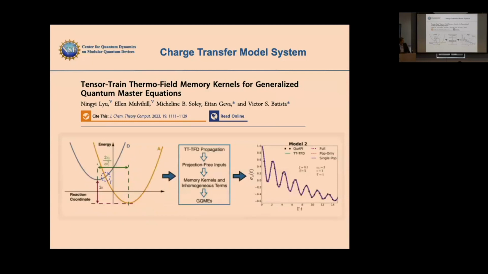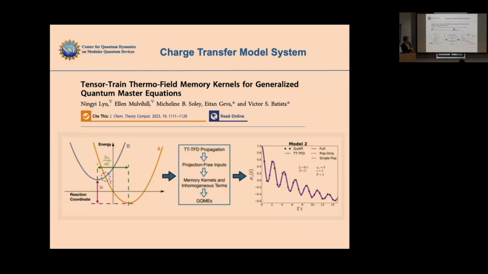And then we compare to the favorite method in the room, QAPI. And so we have here QAPI on top of our calculations. And we also compare to the dynamics obtained with the generalized quantum master equation. And we do a couple of different ways of implementing that simulation with the GQME. One is using projection into all of the matrix elements of, I would call these, electronic degrees of freedom.